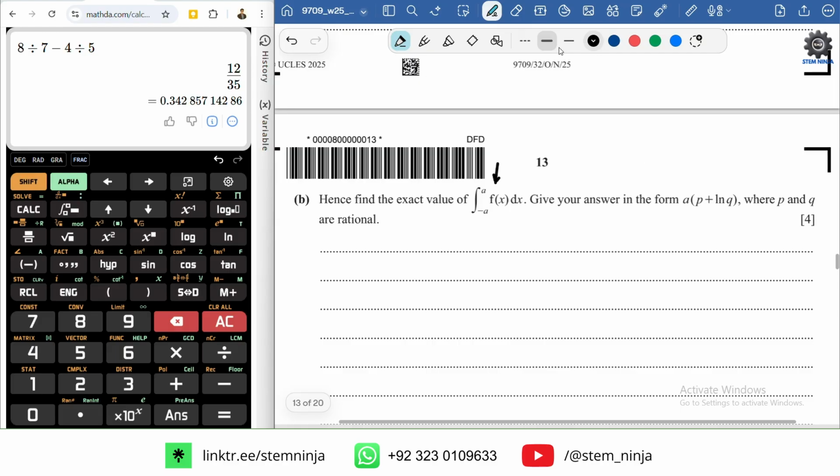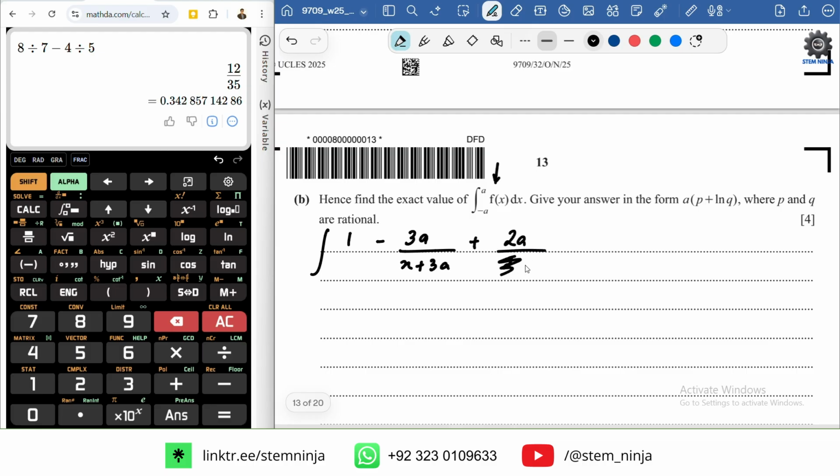Okay, alright, let's see that. So when we integrate this, so you have 1 minus 3a over x plus 3a plus 2a over x plus 2a dx, right, from minus a to a.